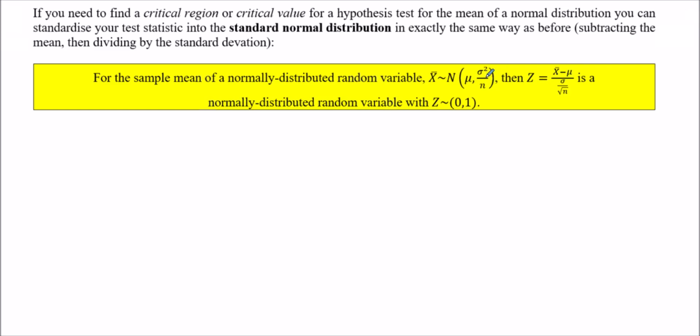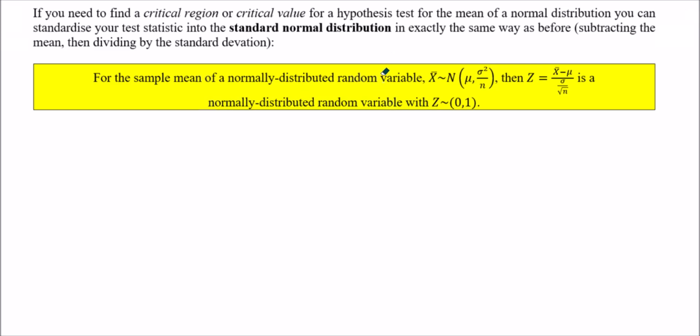Which is the square root of this. The square root of sigma squared is sigma, and the square root of n is root n. So we take all values on the curve, subtract the mean, and divide through by the standard deviation, and that will also be normally distributed. Sometimes you need to know how to do this, sometimes you can get around it by using the calculator instead.